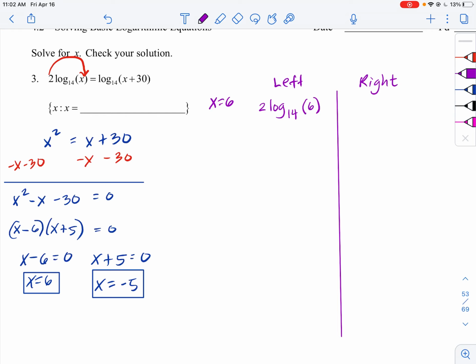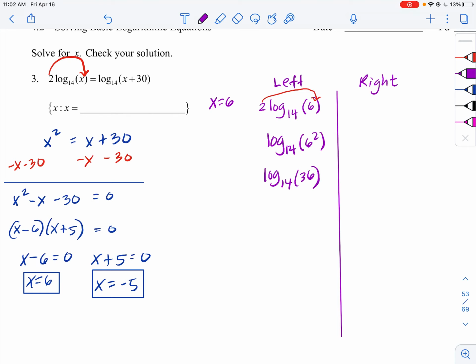And then remember that I could, let me put an arrow, I could take these and put that in there. So instead of 2 times log base 14 of 6, I could write that as log 14 of 6 squared, which eventually gives you a 36.